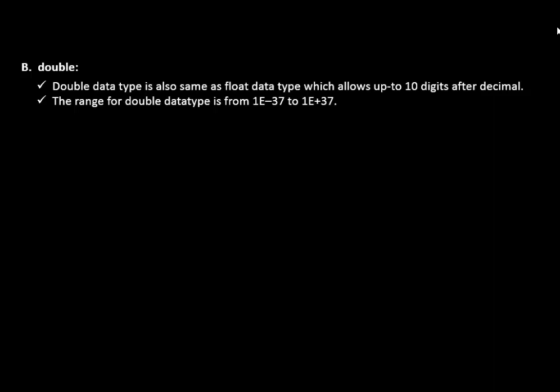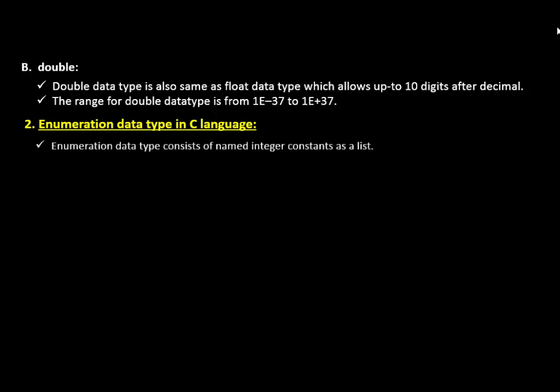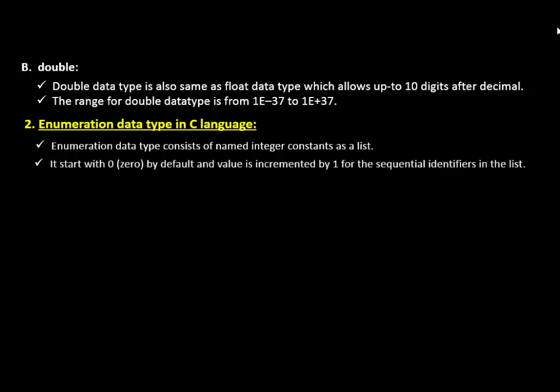Enumeration data type in C language. The enumeration data type consists of named integer constants as a list. It starts with 0 by default and the value is incremented by 1 for the sequential identifiers in the list. Enum syntax in C: enum, identifier in square brackets optional, and the enumerator list.